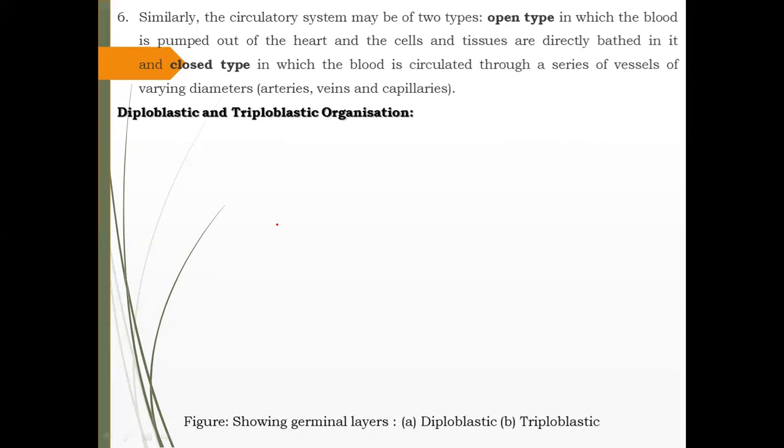The similarity in the circulatory system may be of two types. For example, open type, in which the blood is pumped out from the heart and the cells and tissues are directly bathed in it, and closed type, in which the blood is circulated through a series of vessels of varying diameters, that is arteries, veins and capillaries.